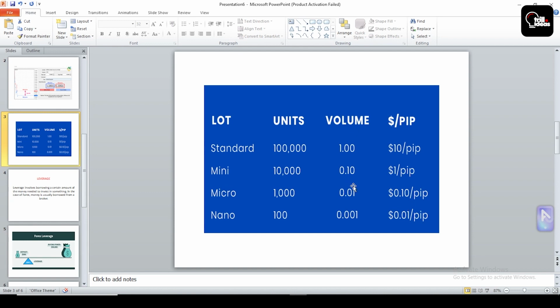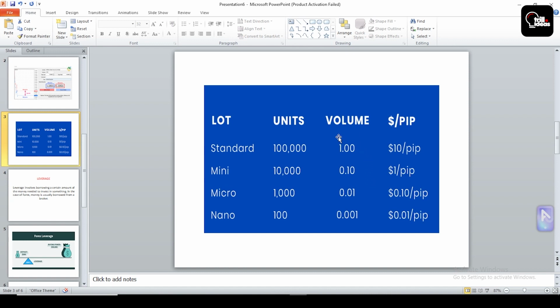For 0.10, if there's a pip movement in your favor, you'll be making $1. And if there's a pip movement against you, you'll be losing $1. On one standard lot, if there's a pip movement against you, you'll be losing $10. And if it comes in your favor, you'll be making $10. So the higher the volume, the higher the profit you can make in the market.